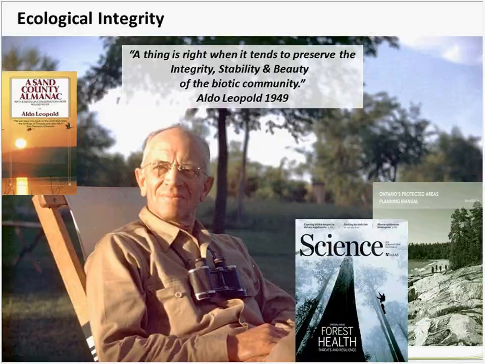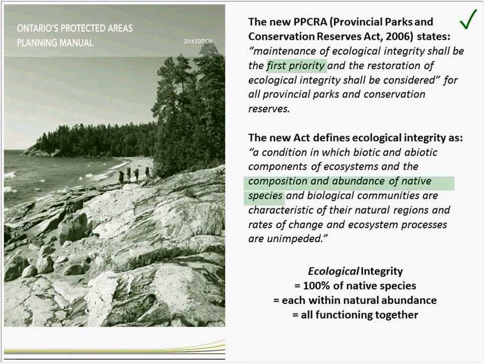I'll go over a couple of main policy documents for Ontario. This is the Provincial Parks and Conservation Reserves Act of 2006, and you'll see it states that ecological integrity will be the first priority. I think it's really important to acknowledge that it's not just something that we can work towards.